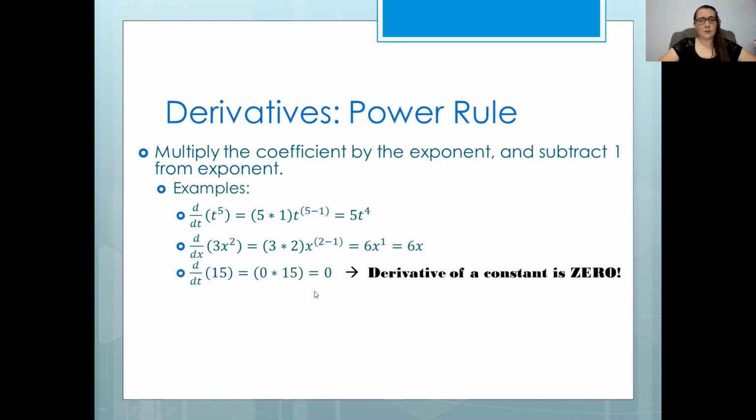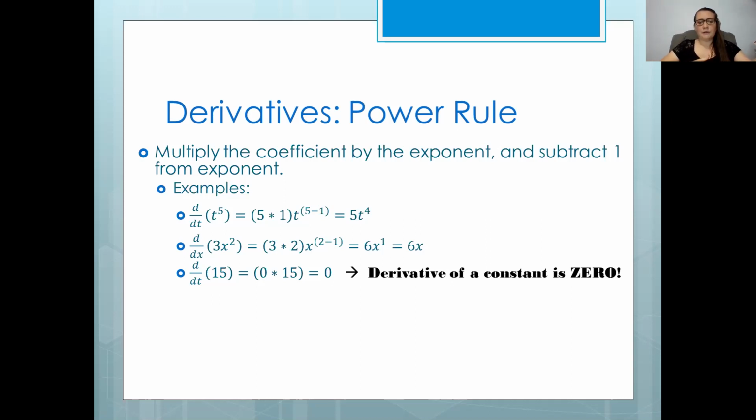Okay, here's another example. This time we're taking the derivative with respect to t, but there's no t in the function. It's just 15, just a constant. So when we're dealing with a constant and trying to take the derivative of a constant, it just ends up being 0, right? And think about this graphically too. Remember, a derivative is like taking the slope of a line.